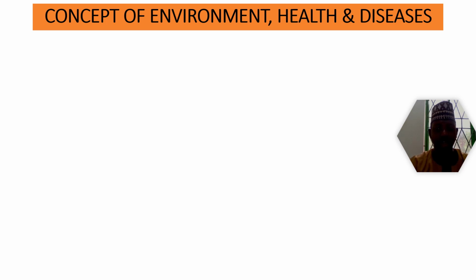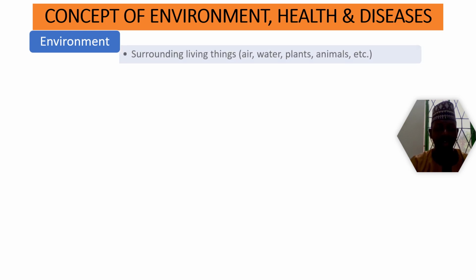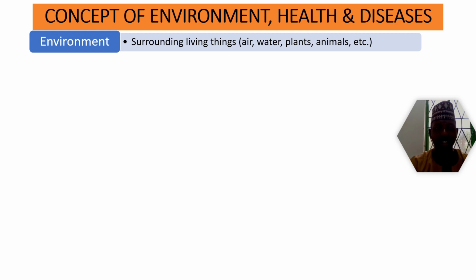Now, to begin with, we need to define an environment. Environment entails anything that surrounds a living thing. So it encompasses all the categories of things that are found in the ecosystem that interact together with the living organisms.